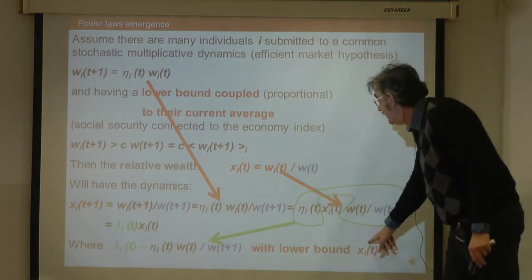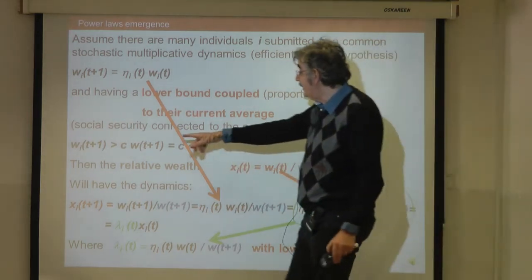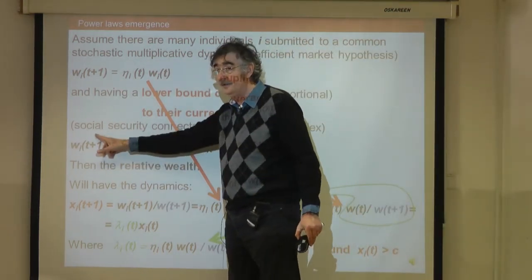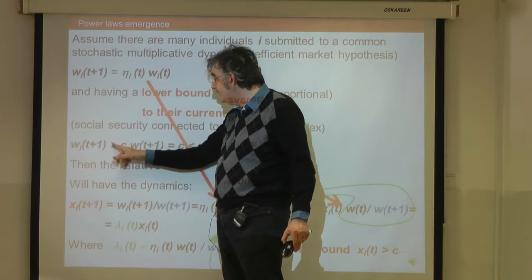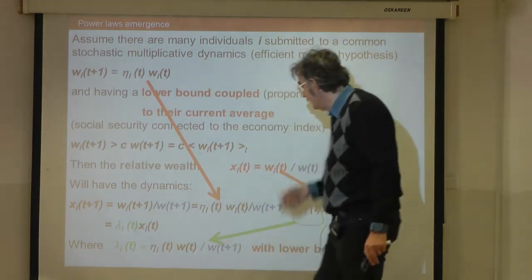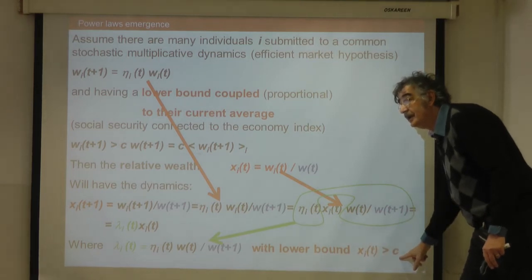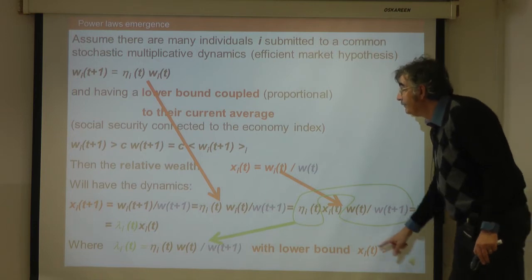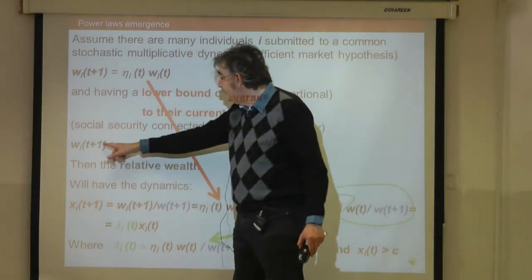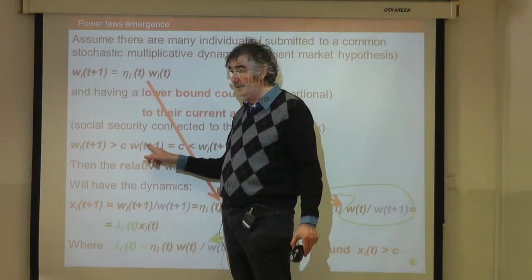Because xi, if wi fulfills this inequality, that wi is larger than some fraction of the average, xi itself fulfills this, it's larger than c. Is it clear why? You see, wi is larger than c times the average.